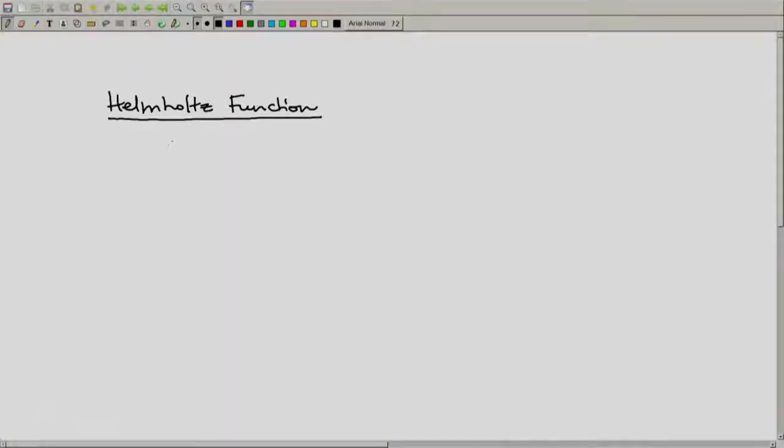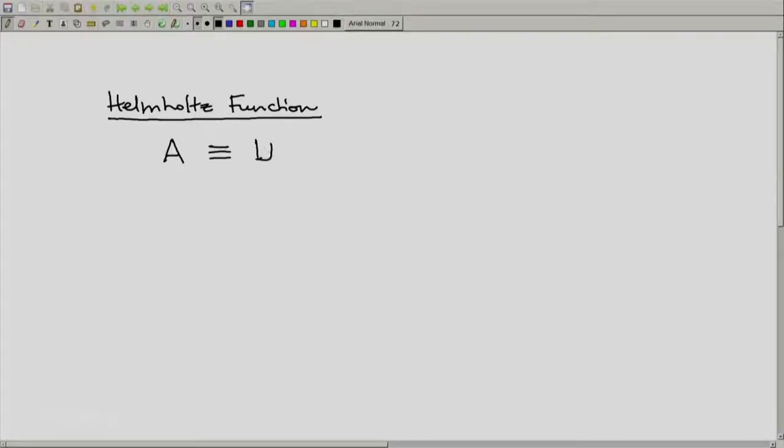This is given the symbol A usually. Earlier the symbol for some reason was F, but now A is the accepted symbol. This is defined as U minus Ts. This is the third energy function.